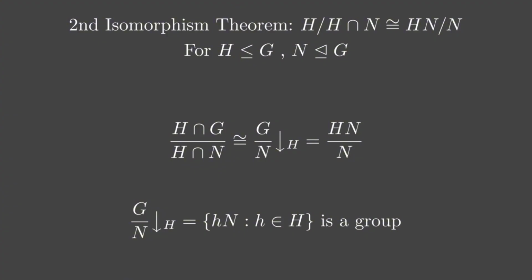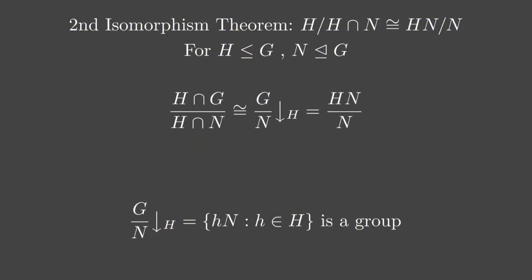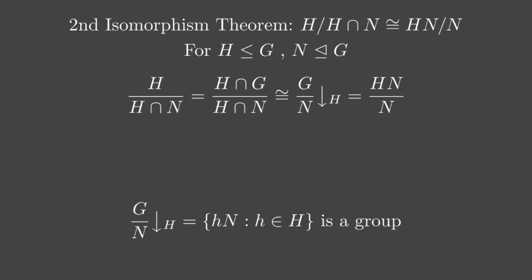Perhaps the tipped arrow is unnecessary, but I like it. So on the right-hand side of the isomorphism we have the restriction by H of a quotient group. I'll put them all together up at the top. So the second isomorphism theorem is telling us that we can restrict and then quotient, or quotient then restrict, and up to isomorphism we have the same thing.